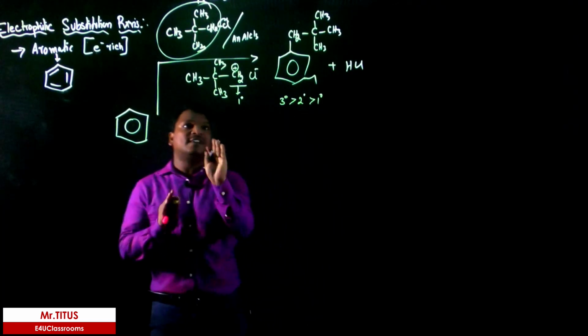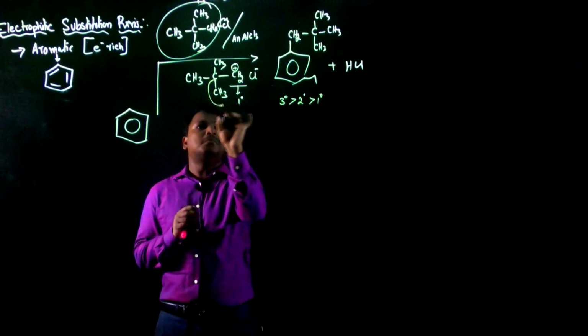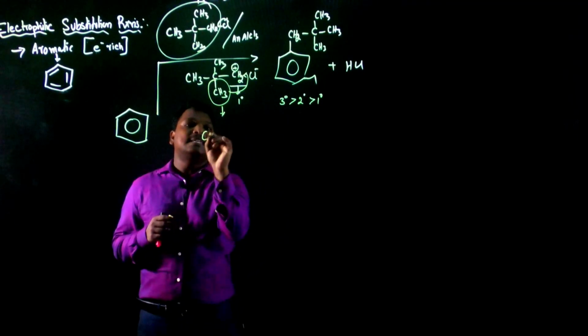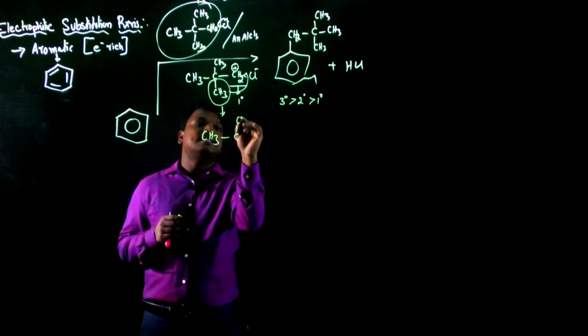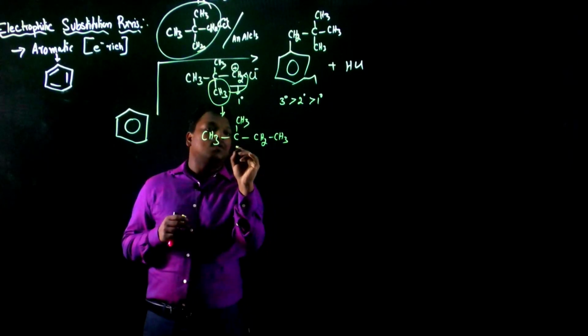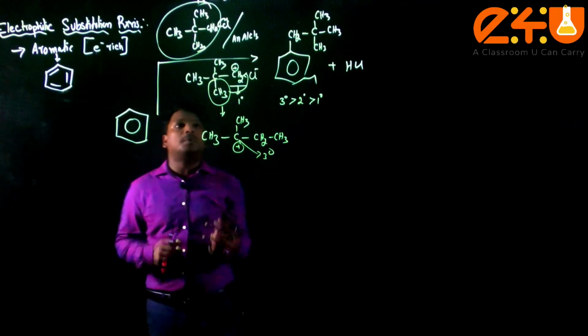Now I am going to check first, is there any possibility to get a more stable carbocation. Now if I migrate this methyl group here, I'll be getting CH3, CH3, CH2, CH3. Now this is my tertiary carbocation, which is more stable compared to the primary carbocation.